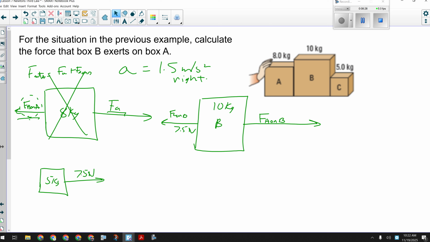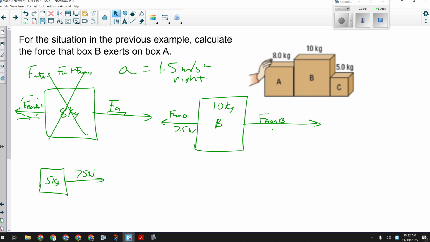Does this force, which is a reaction, have an action pair somewhere? Where's its action pair? Right there. The only reason B pushes on A, the force we want to find, is because A pushes on B. That's an action-reaction pair.